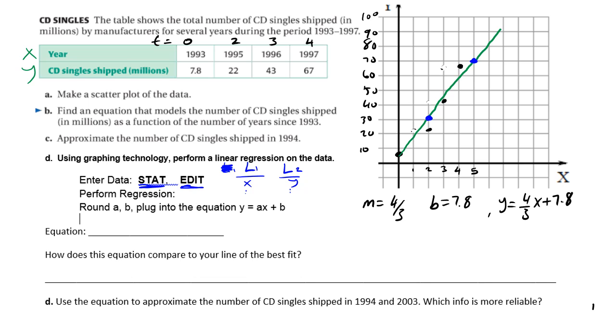And we're going to hit stat again. This time, instead of clicking edit, we will move to the next bar and hit calculate. At this point, under the calculate, you should be able to see linear regression, and we will hit linear regression and hit enter until you get an A value and B value.